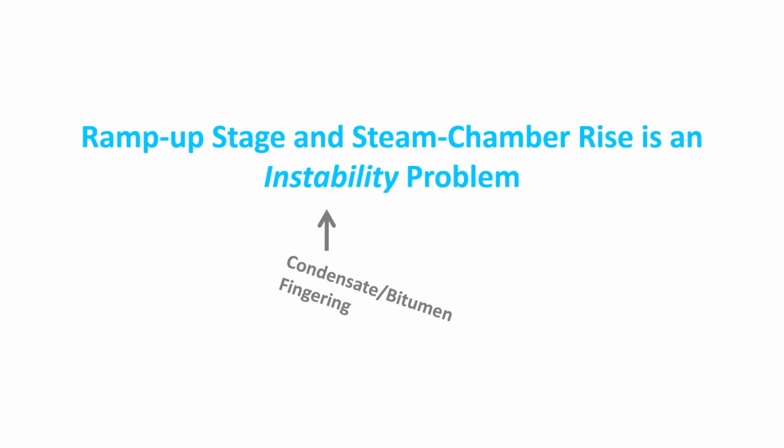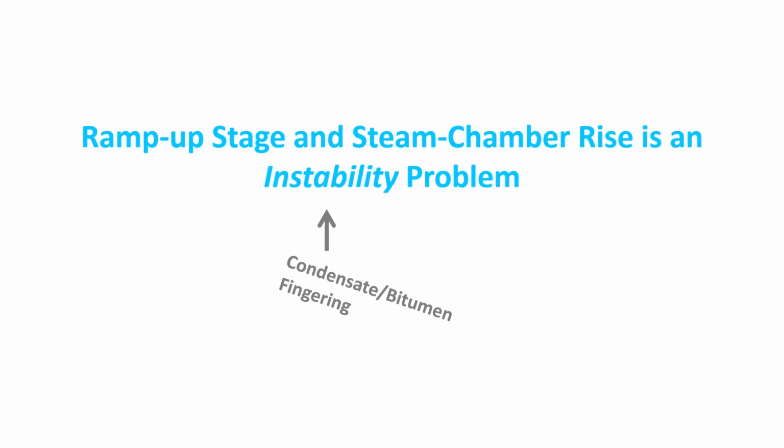One of the concerns I've had over the last 10 years of talking and teaching courses is that a lot of people try to use the Butler formula for the ramp up stage. And I've been reviewing a lot of papers, mostly from academia and some from operators, that try to provide different shapes of the SAGD steam chamber, like elliptical and trapezoid, and apply geometry to capture the ramp up stage.